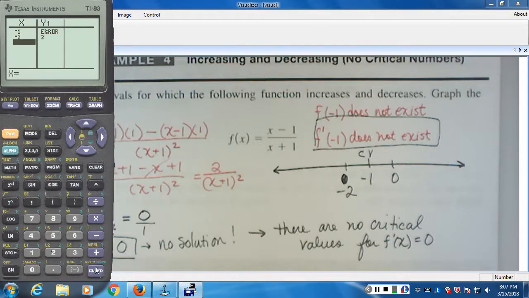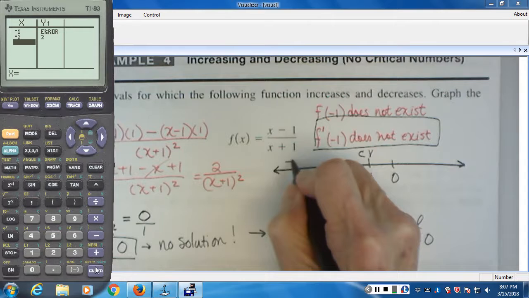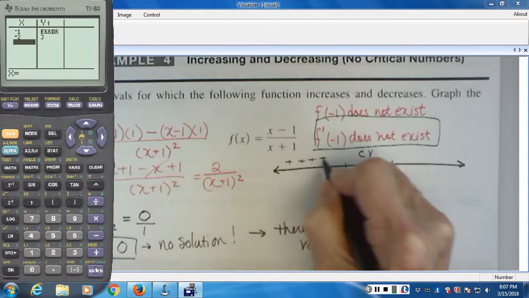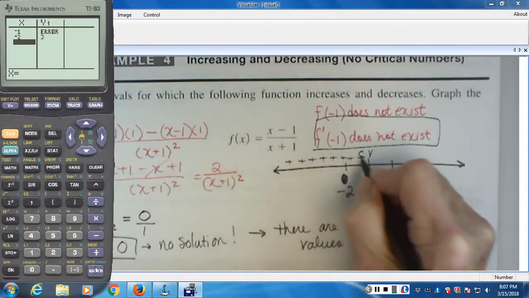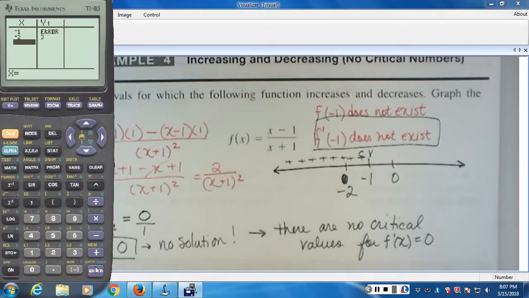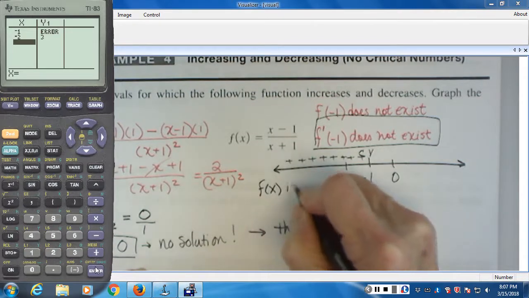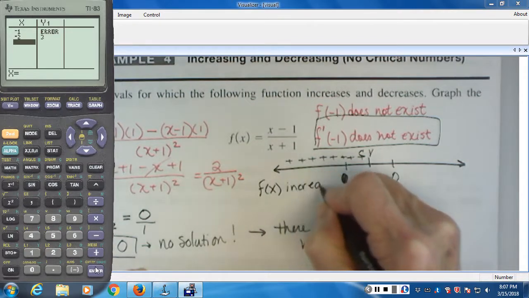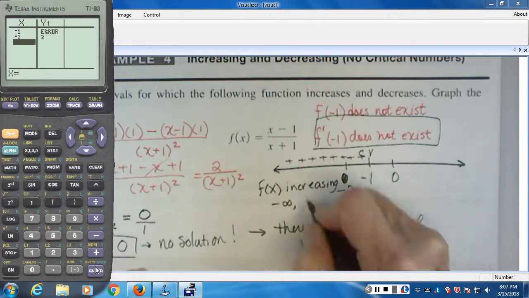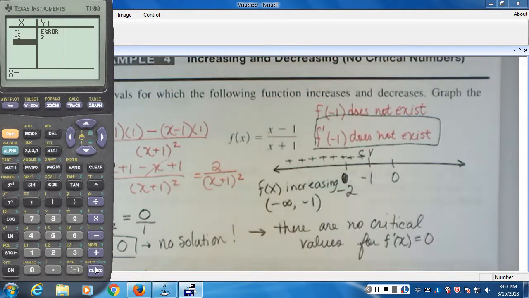That means on this side the function's increasing, increasing from negative infinity to negative 1. And if I plug in 0, it says it's decreasing.